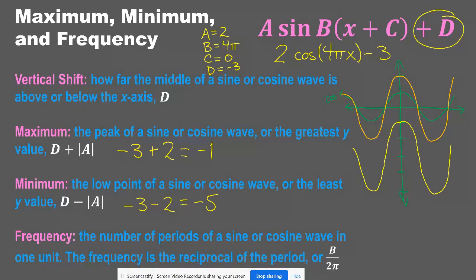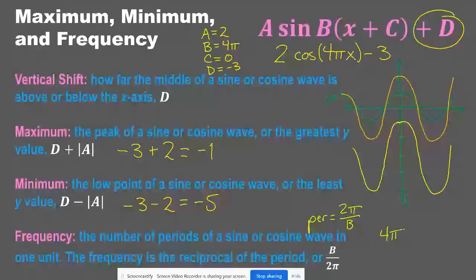But the frequency is the reciprocal of the period. So period, we know period is 2 pi over b, 2 pi over the number being multiplied by the variable. The frequency, you flip that. It's b over 2 pi. So if you look at our function up here, b is 4 pi.